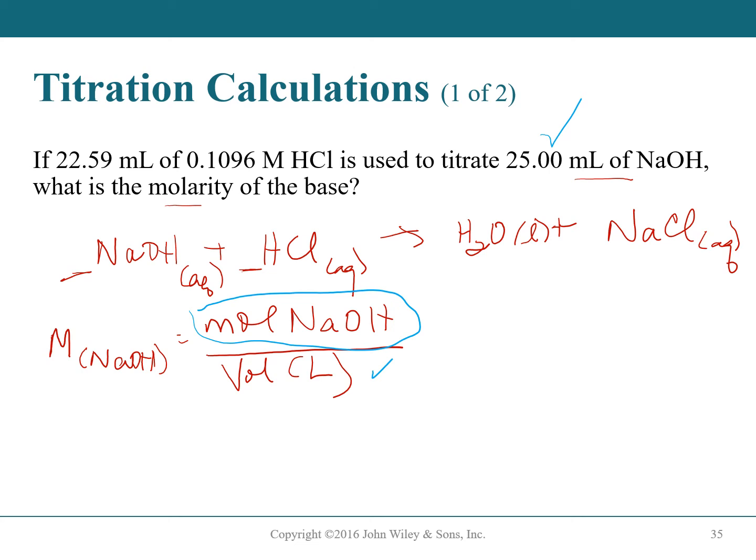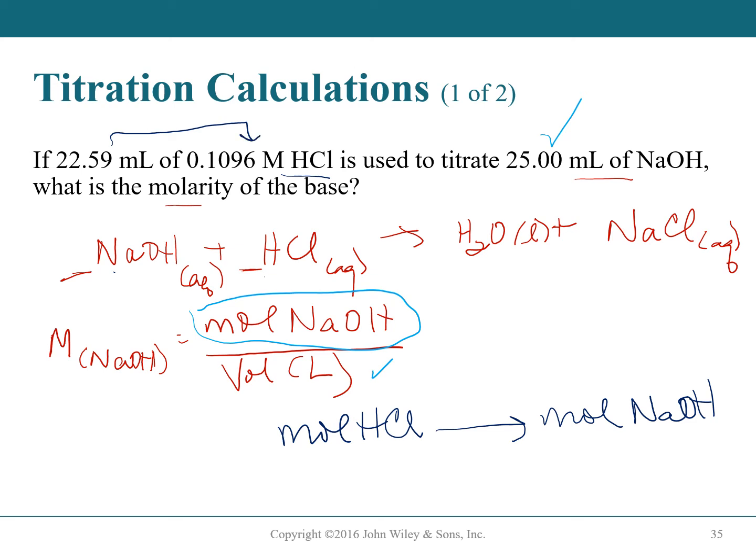So now I can say, well, if I want the moles of sodium hydroxide, I may be able to get that by knowing the moles of hydrochloric acid. But I'm not given the moles of hydrochloric acid. I'm given concentration and volume. But I know from concentration and volume, I can get the moles of hydrochloric acid.